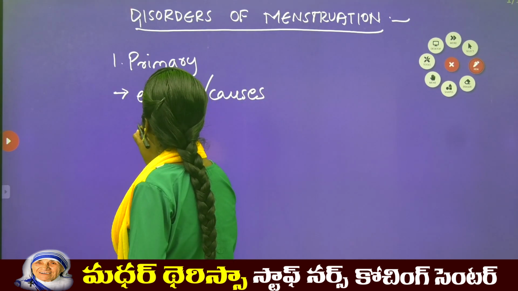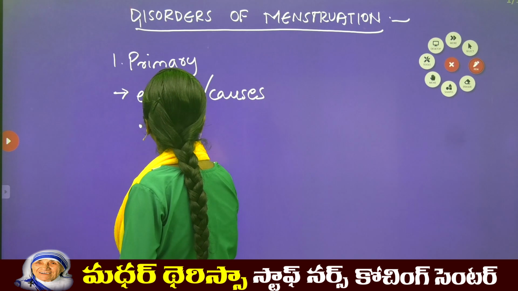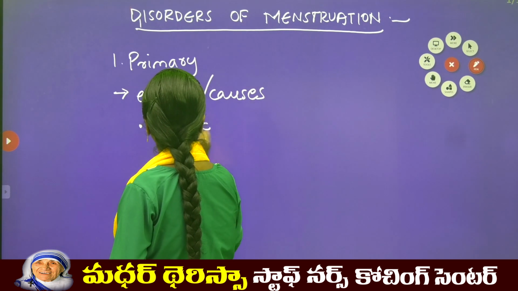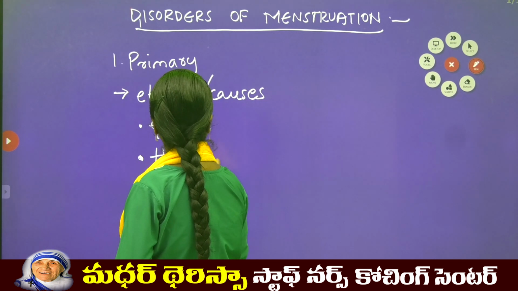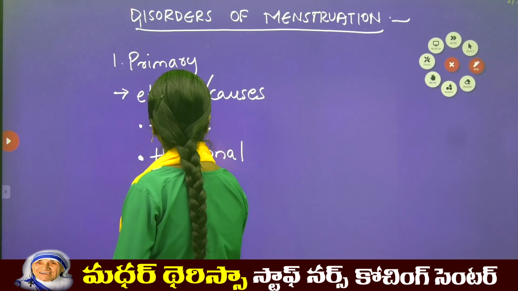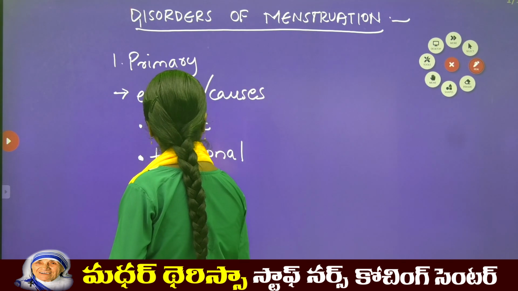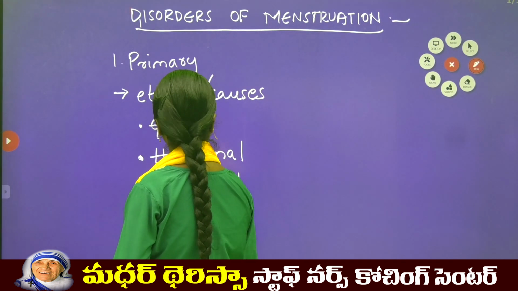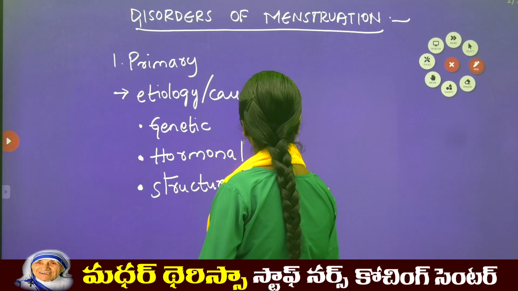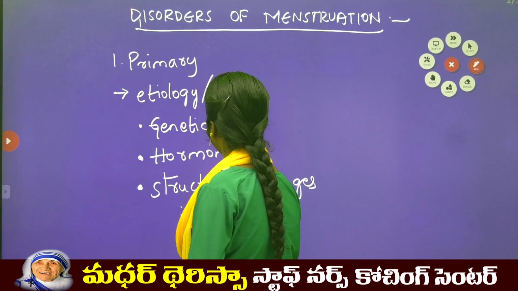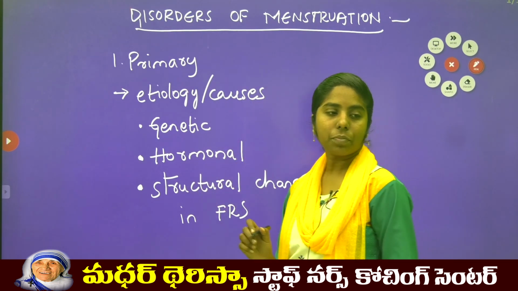So what are the causes we discussed? First, genetic reasons. Second, hormonal. Then structural changes in the female reproductive system. Clear?